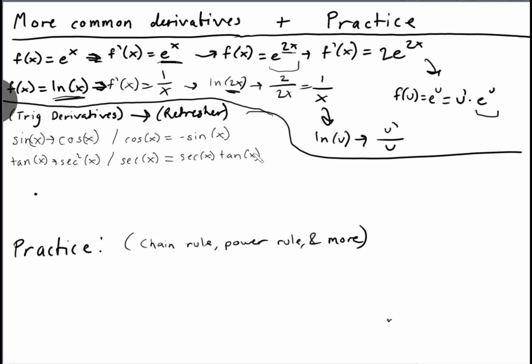The derivative of cosecant x is going to be negative cosecant x cotangent x. You'll see some slight patterns within these derivatives, and the derivative of cotangent x is going to be negative cosecant squared of x.